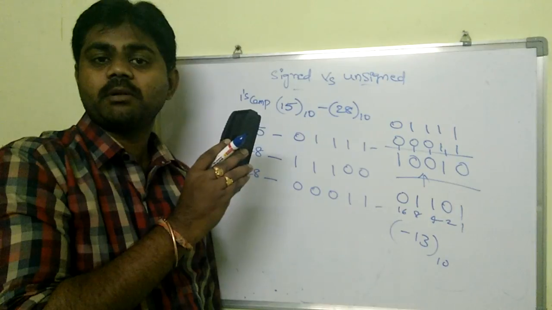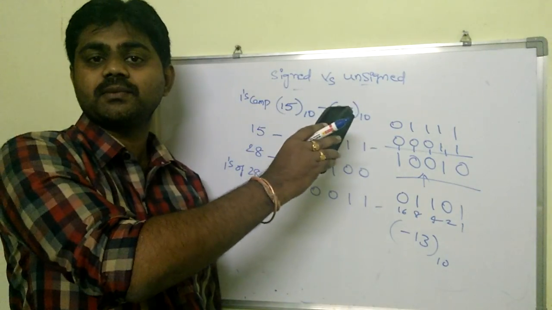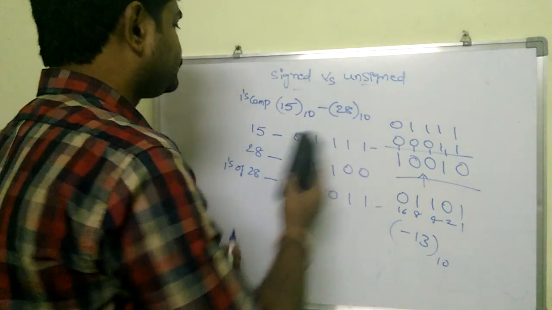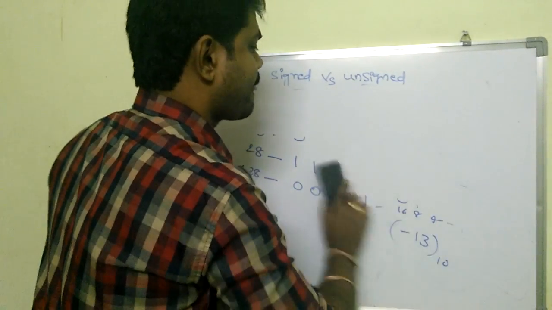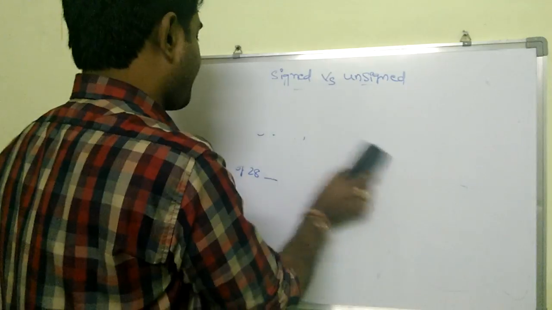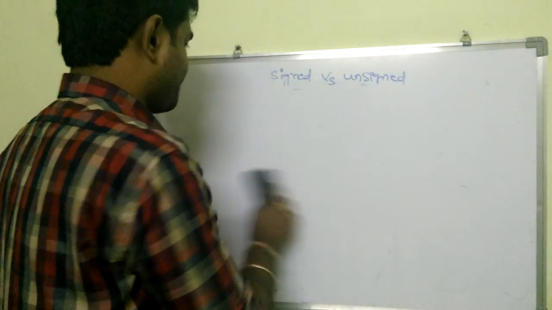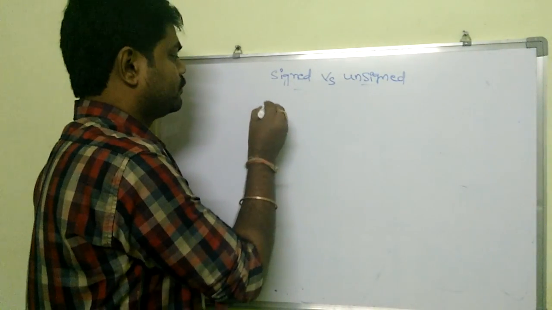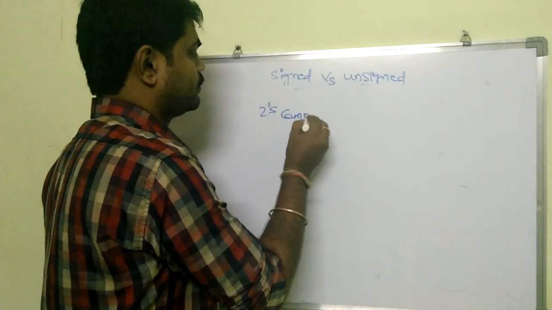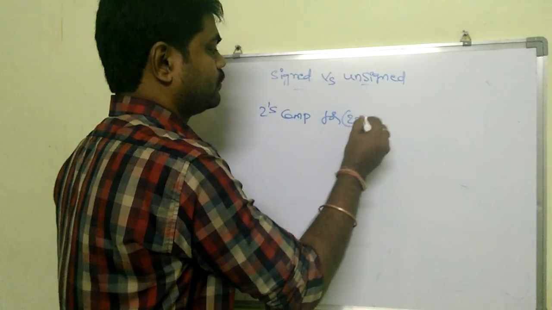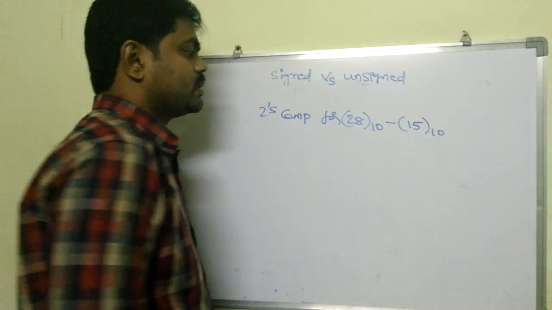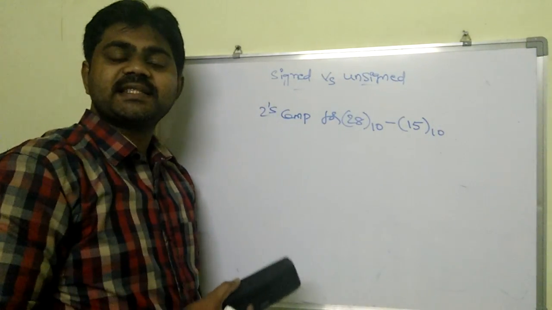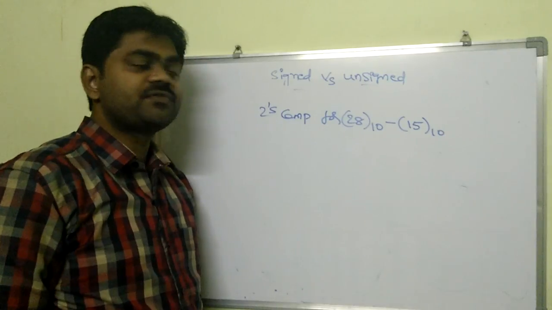So we can apply 2's complement to these two examples. Let us see that. This is the first case, 28 of 10 minus 15 of 10.